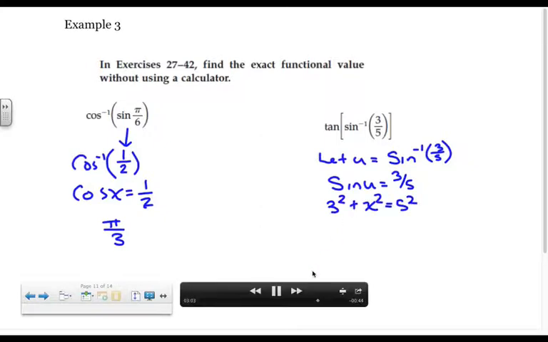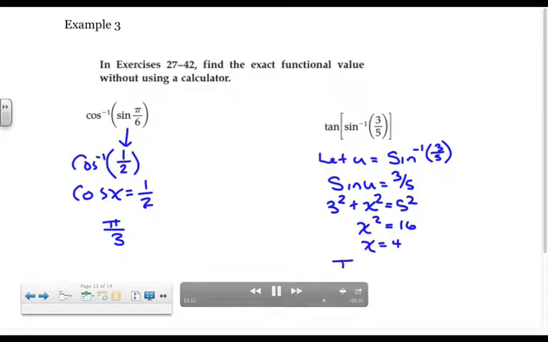If you think about the Pythagorean theorem, well, first of all, let's go back to our SOHCAHTOA. Sine is opposite over hypotenuse. So this is my opposite, this is my hypotenuse, and I'm missing a side. So 3 squared plus x squared equals 5 squared, and I can then solve for x. So x equals 4.